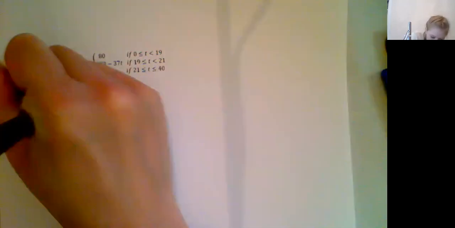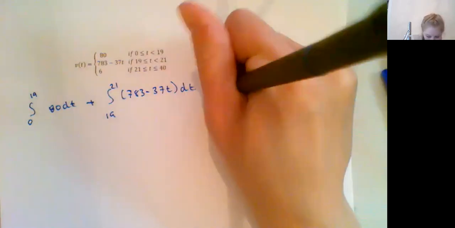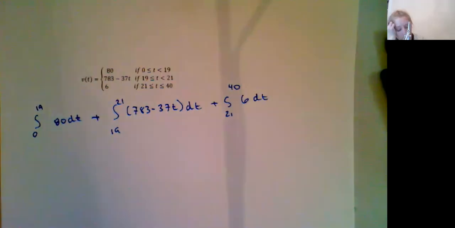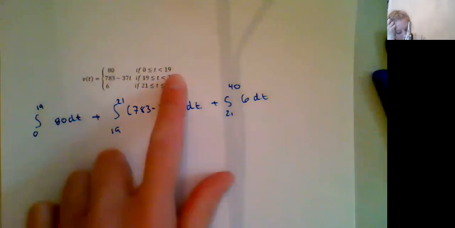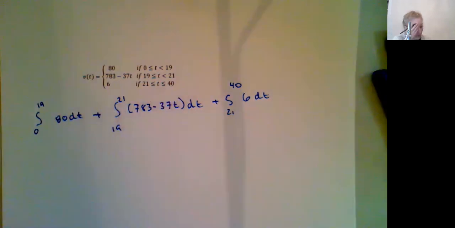Okay, so just to recap, 80, 0 to 19, this 19 to 21, 6, 21 to 40. Okay, so let's go ahead and integrate.